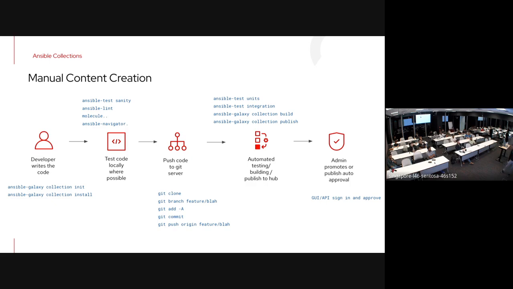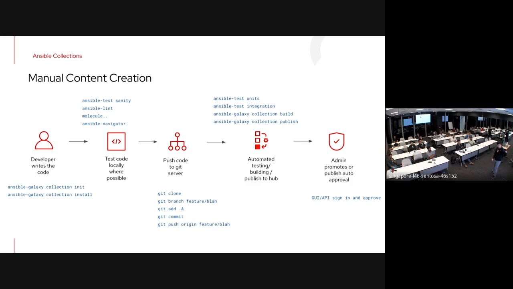Other things that were mentioned by Ginesh earlier were things around ansible-test, lint, molecule. We can use ansible-navigator, which is the equivalent of ansible-playbook, to run the CLI. After which, when we talk about automated testing, building, and publishing to the hub, we are using things like ansible-test to perform unit testing as well as integration testing.